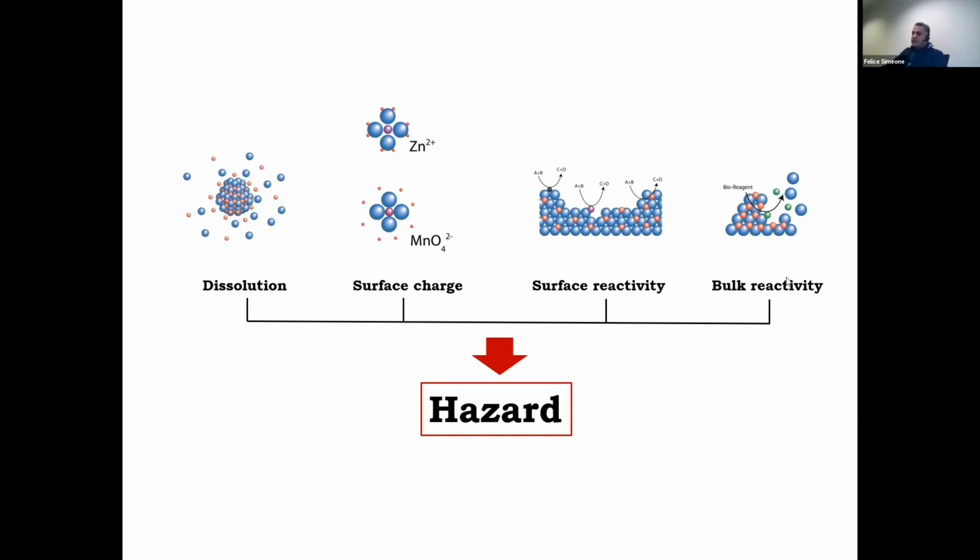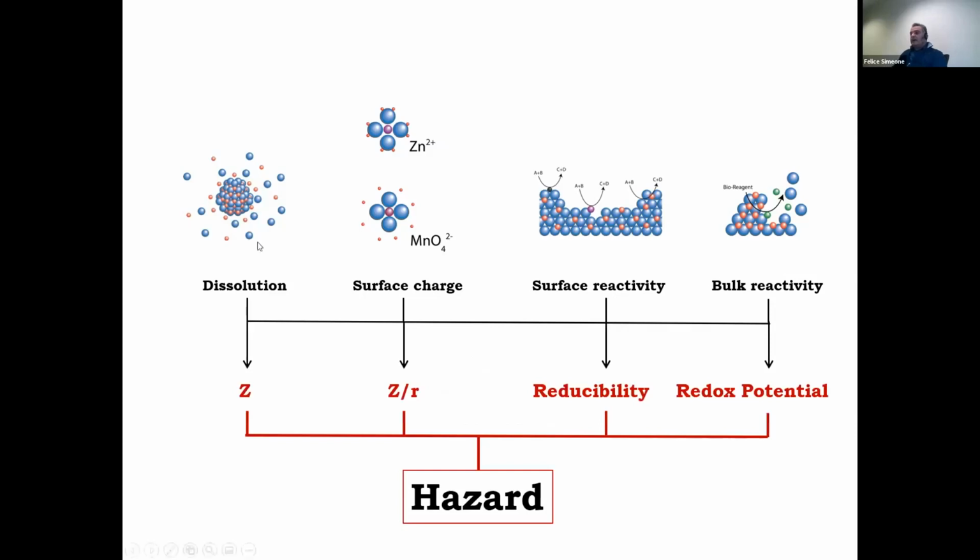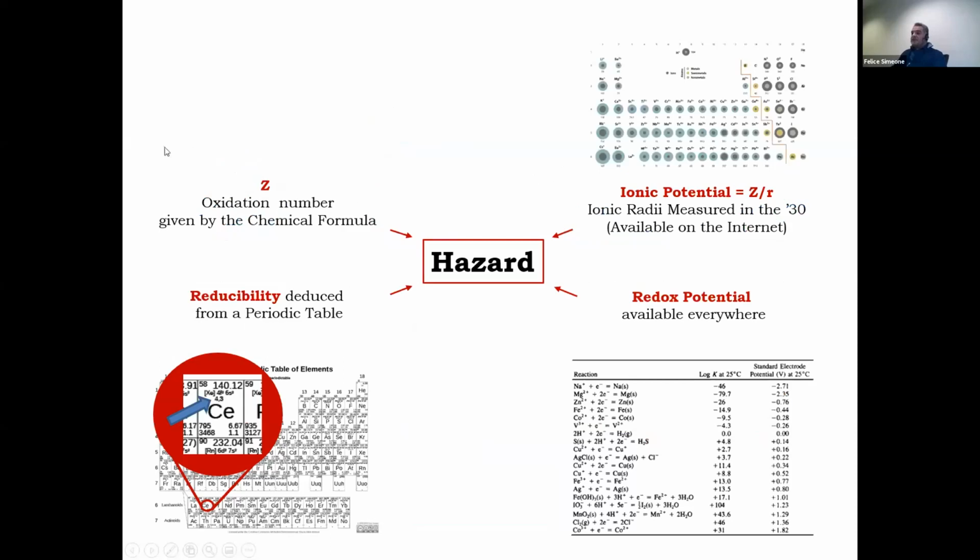Now, we have shown that these phenomena are correlated and sometimes determined by some fundamental physical chemical parameters that are the oxidation number, which can be easily calculated from the chemical formula, the ionic potential, which determines, in the first approximation, the surface charge, which is essentially the ratio of the oxidation number to ionic radius, which are available.